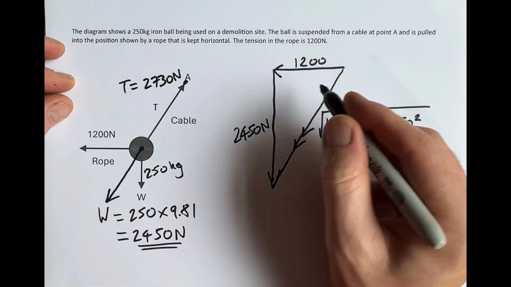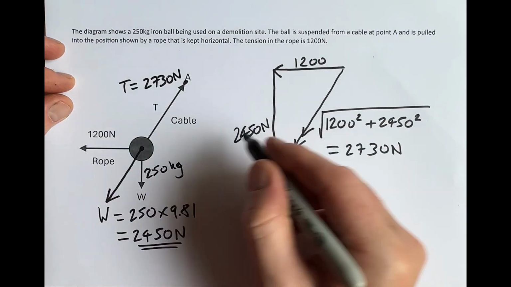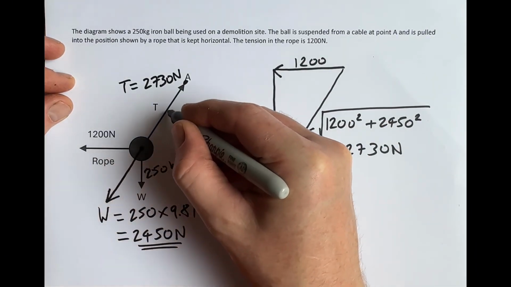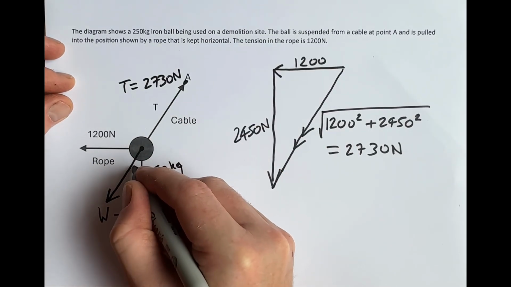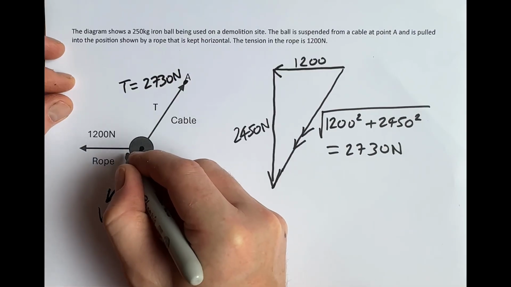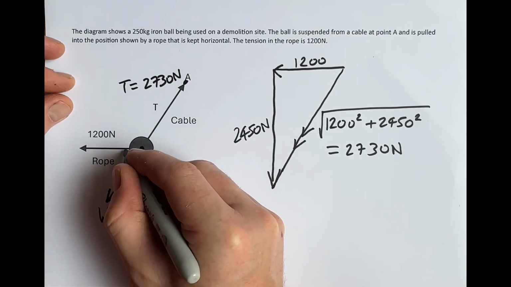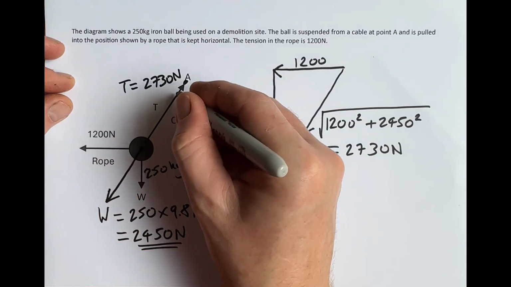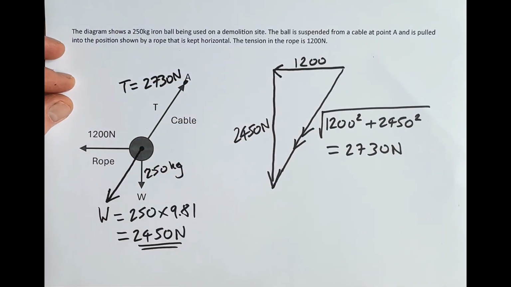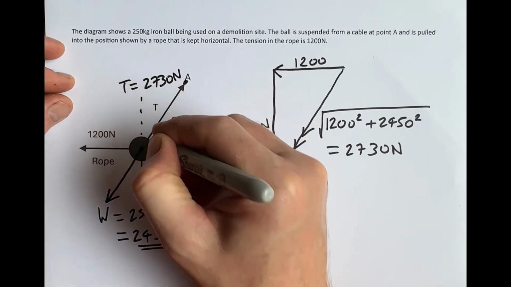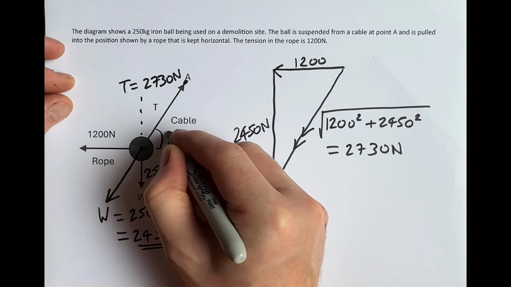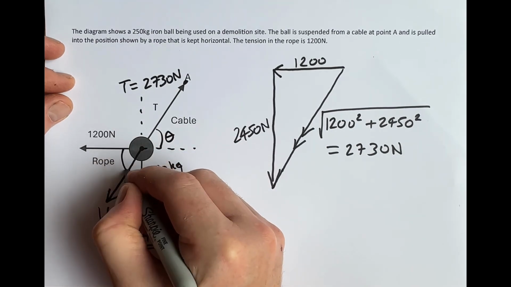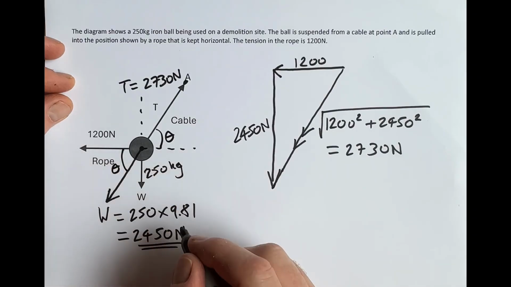Now, the next thing is we know that the force that we just worked out, this resultant force here, is on exactly the same line as the tension in the cable, as we said. So if we work out the angle between this force and the vertical, or the angle between this force and the horizontal, then we know the angle of this force between the vertical and horizontal, okay? So if we call that angle there theta, it's the same as this angle here, theta, okay?